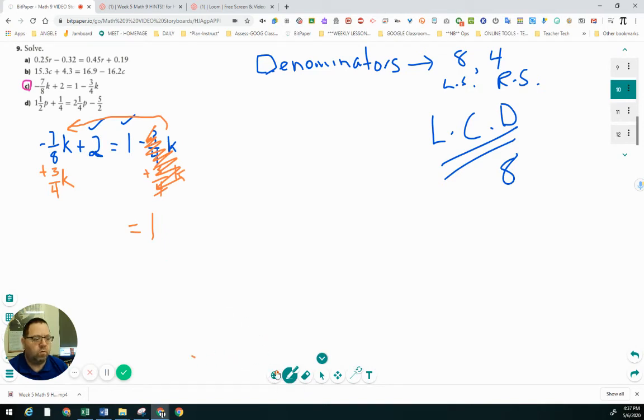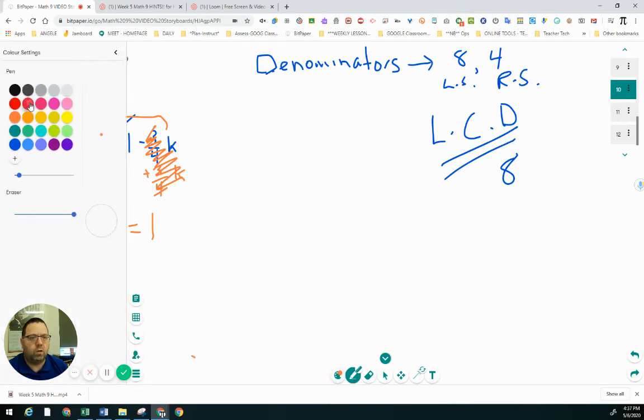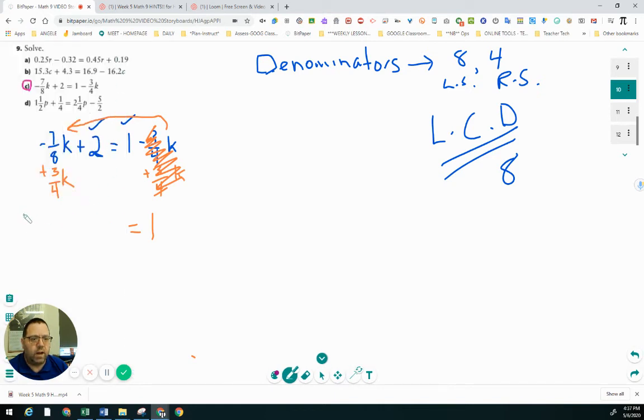So what are you left with over here? I'm going to do this in a completely different color. You've got negative 7/8 k plus 3/4 k plus 2. First of all, you could do something to both sides to bring that 2 to the other side.